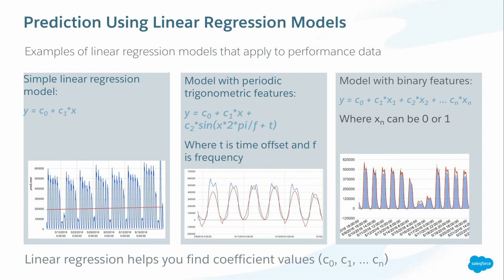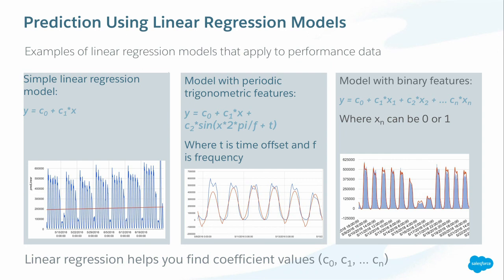The simplest linear regression model is essentially just a straight line, and it doesn't tell you much. It is mostly like the average of the values of the metric that you are trying to analyze. The only thing that you might see is maybe a long-term trend. Is it going upward or down or staying flat?